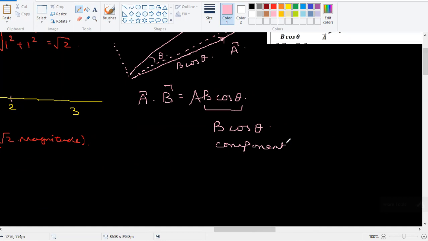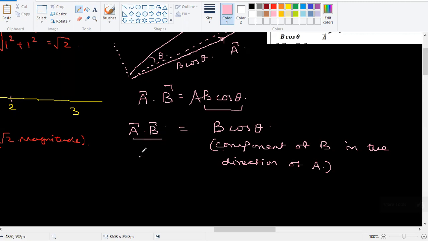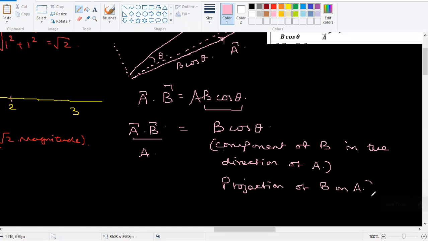Take it down properly: component of B in the direction of A. Or if this is confusing, another way of saying this is projection of B on A. So both are the same.